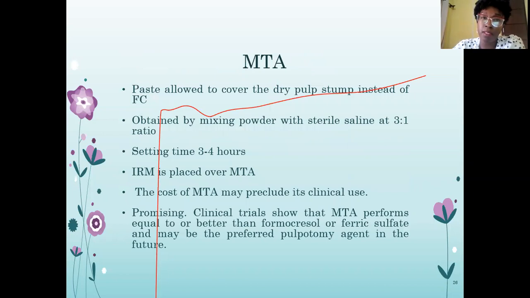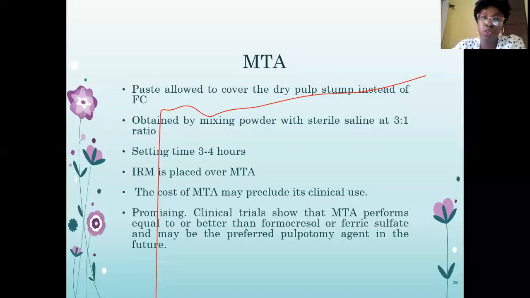MTA has been a big deal for a few years now, but mostly for immature pulps, apexogenesis, apexification, but it's also very useful in pulpotomies. The paste is allowed to dry to cover the pulp stump. Instead of using Formocresol, you just place the paste there.